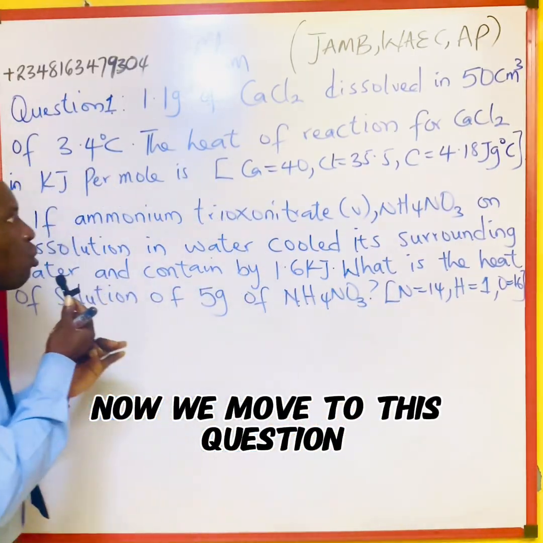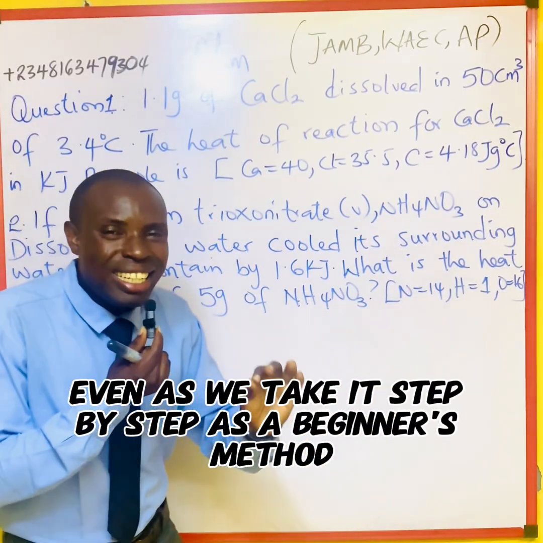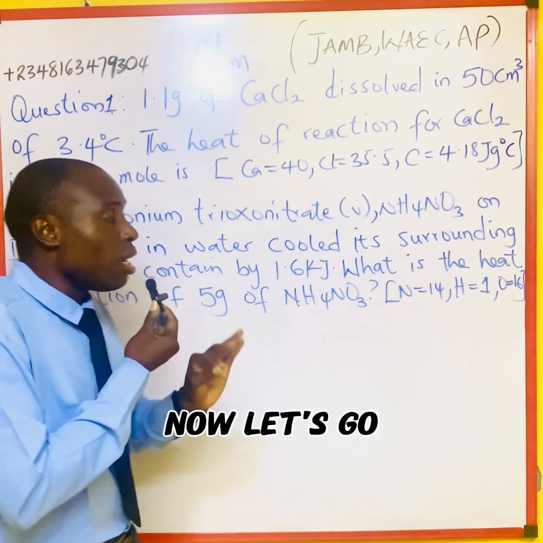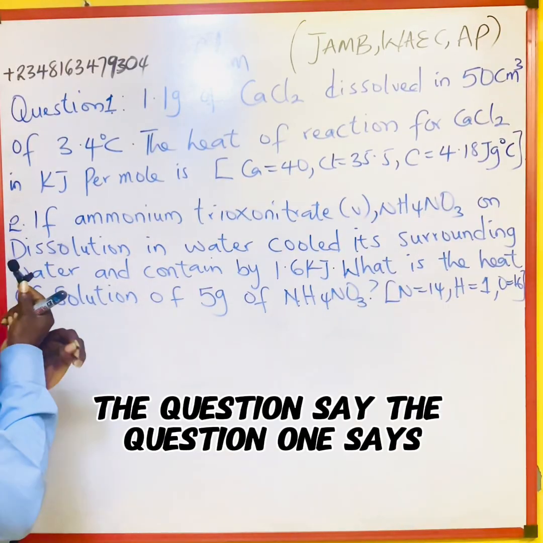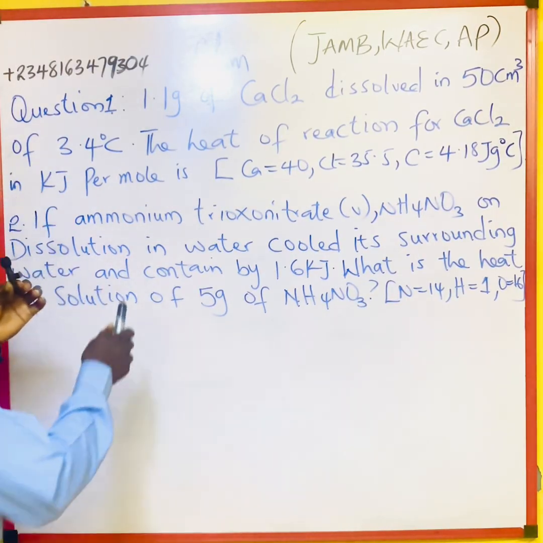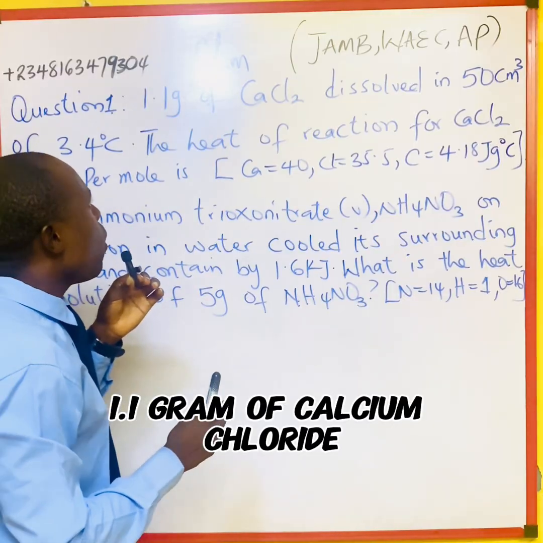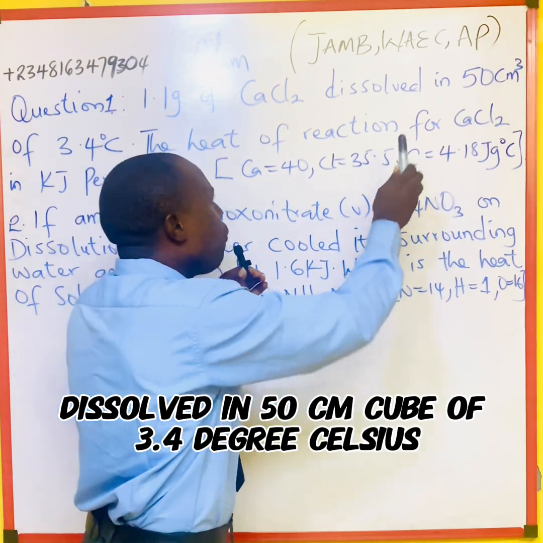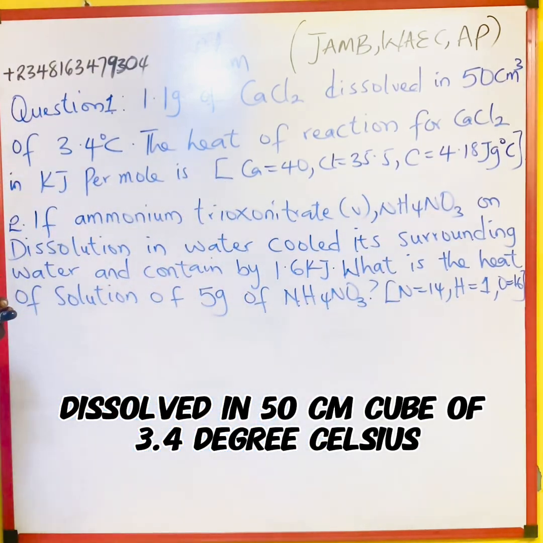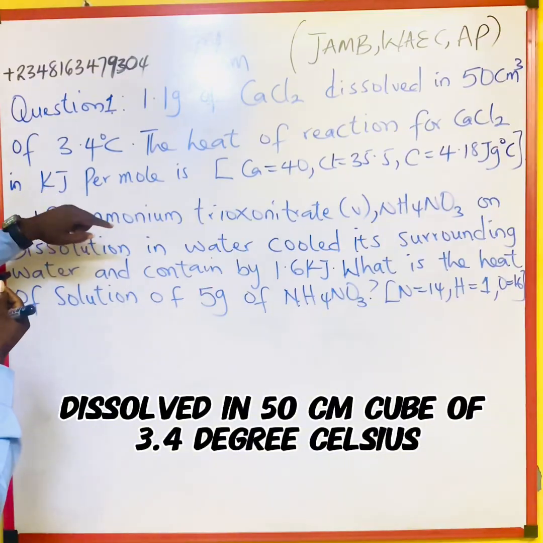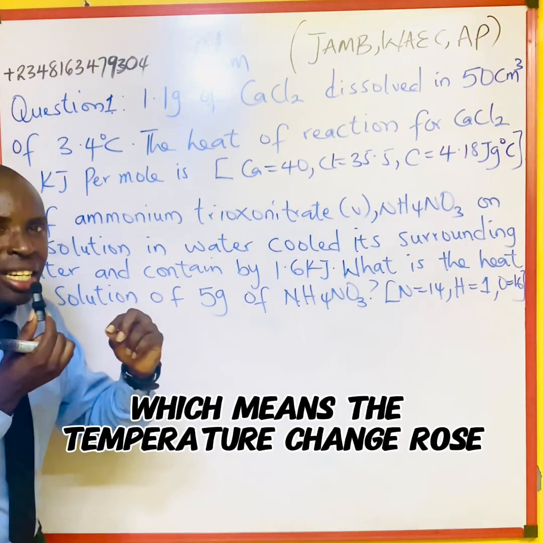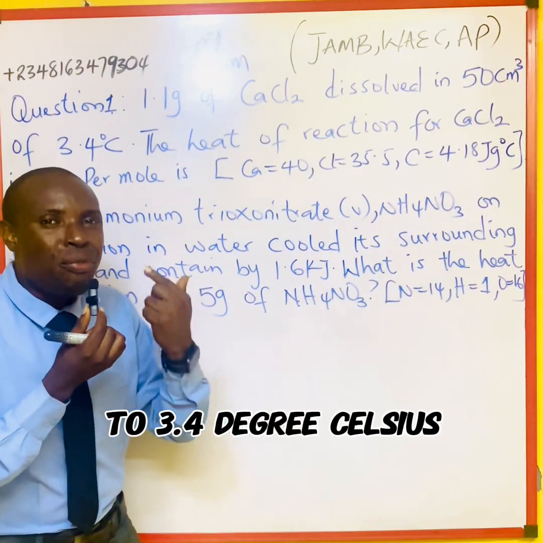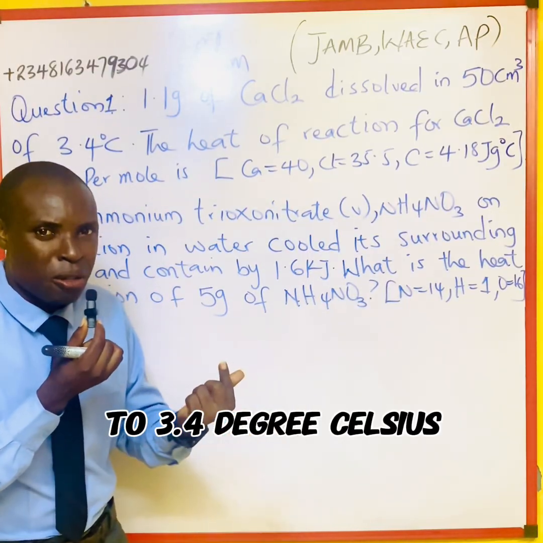Now we move to this question, even as we take it step by step as a beginner's method. Now let's go. Question one says 1.1 gram of calcium chloride dissolved in 50 cm cube of water, with the temperature change rising to 3.4 degrees Celsius.